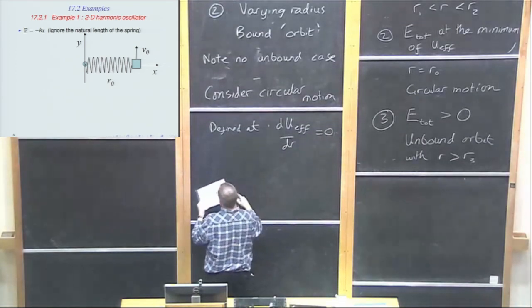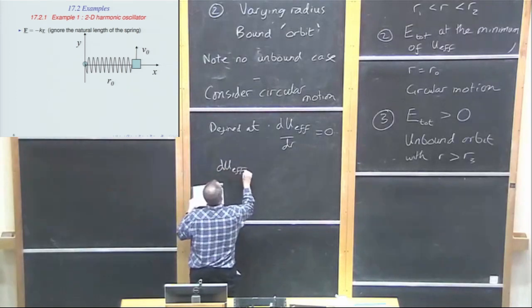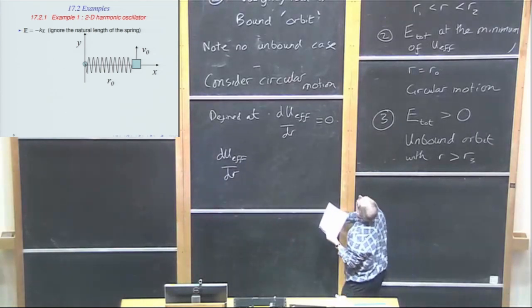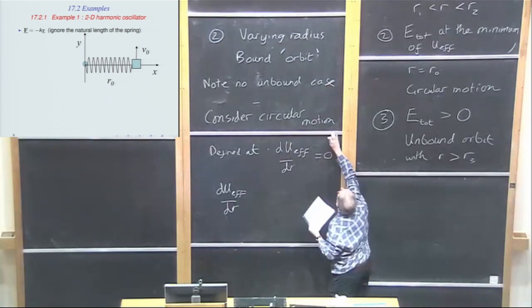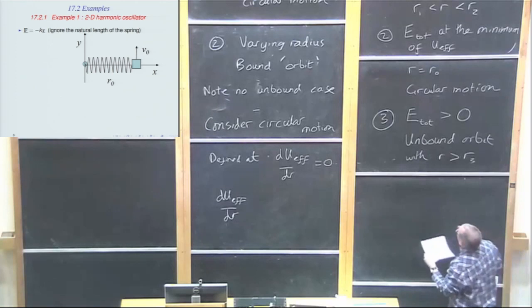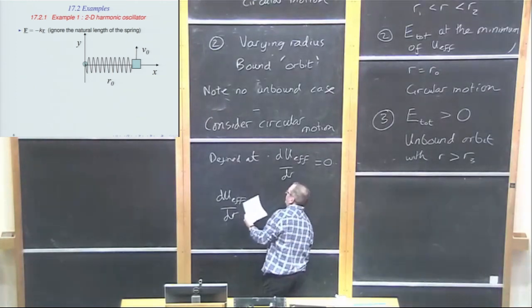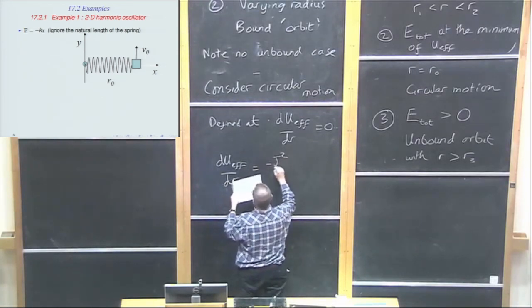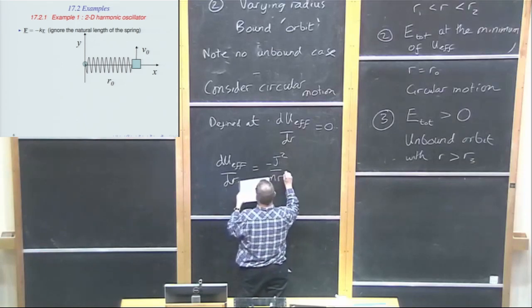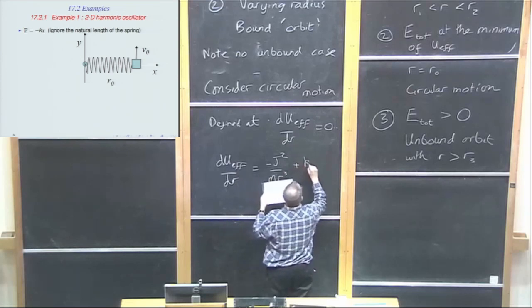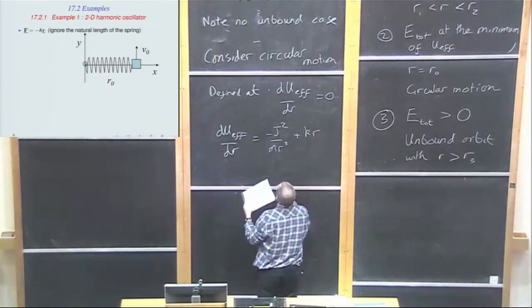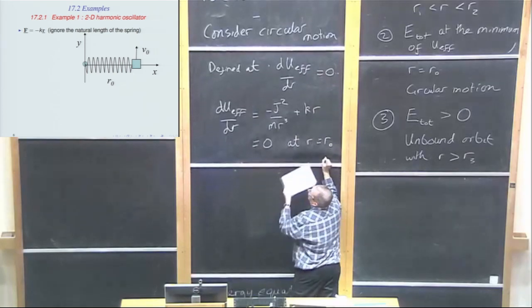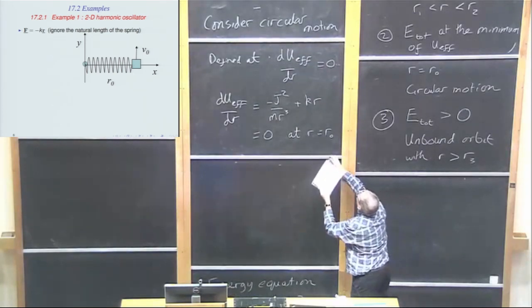Okay, so what is dU_F by dr? So dU_F by dr is going to be given by, differentiating the form of the potential, which is just at the very top of the board, I get minus j squared over m r cubed plus kr, and then this is equal to 0 at r equals r0, which is what I define to be the radius for the circular motion.